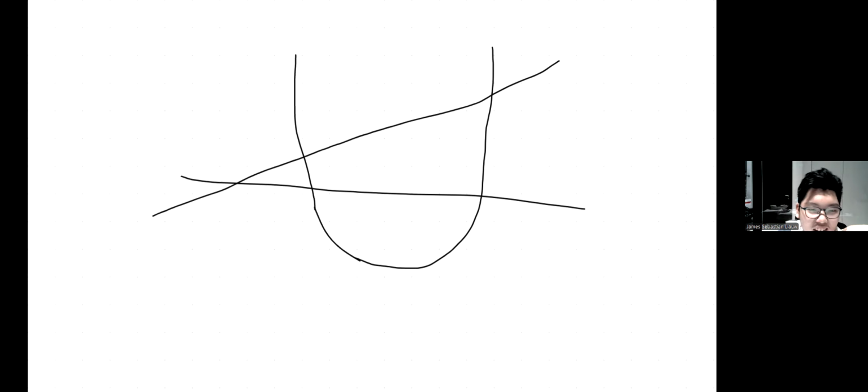The whole idea is that you express the linear equation as y in terms of x, or x in terms of y, whichever one is more convenient. And then you substitute that value into your quadratic curve.